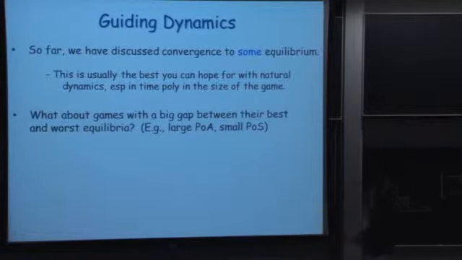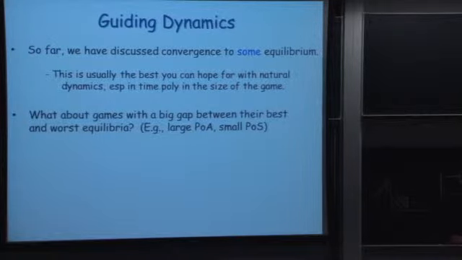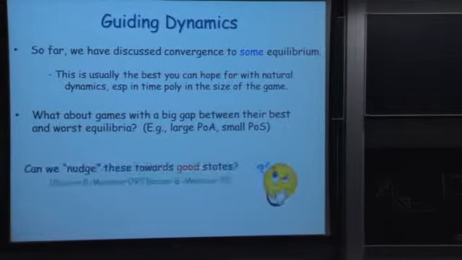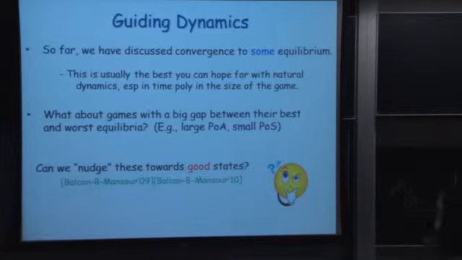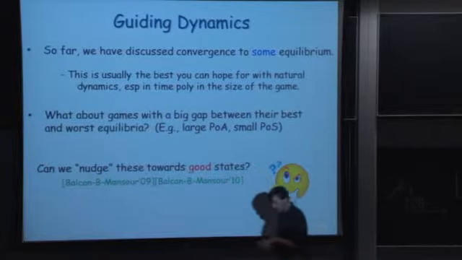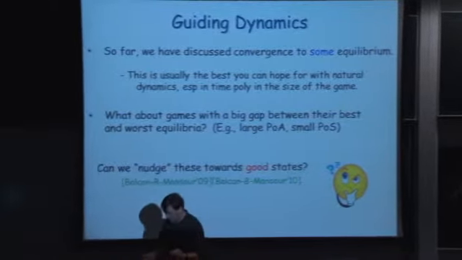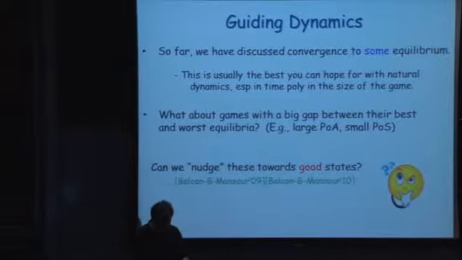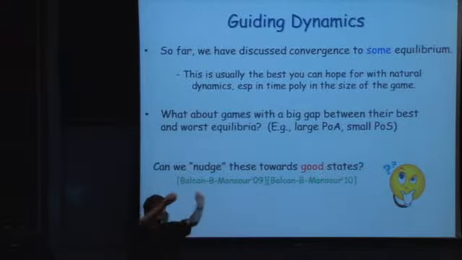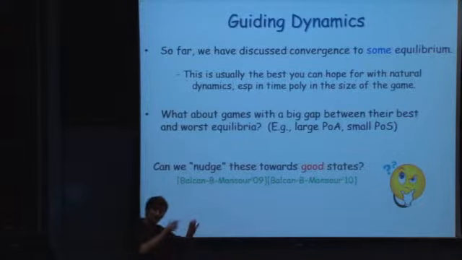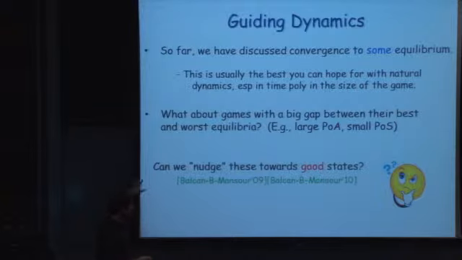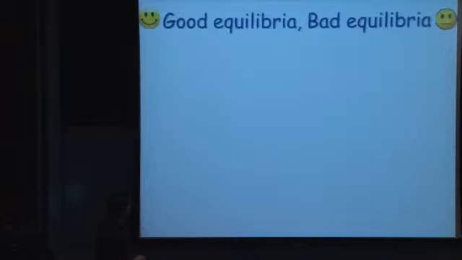If we have games with a big gap between their best and worst equilibria, can we talk about an overseer trying to guide the behavior to a good state? So this now has nothing to do with the pricing I was just talking about, but is more related to what we were talking about in terms of regret.